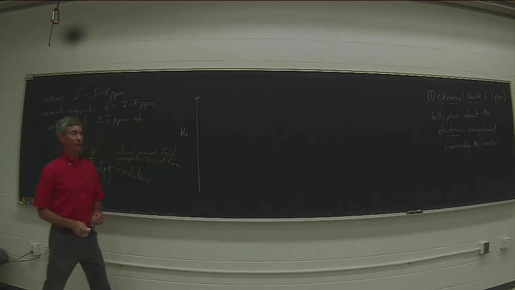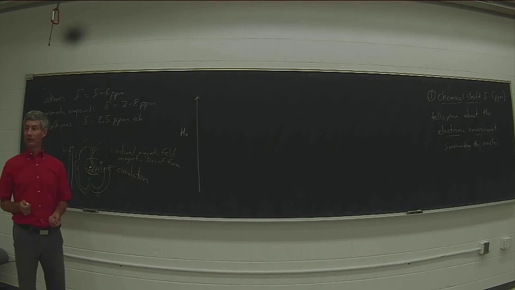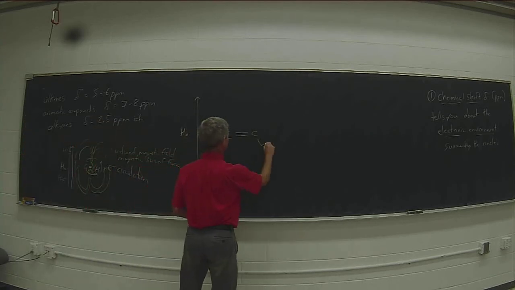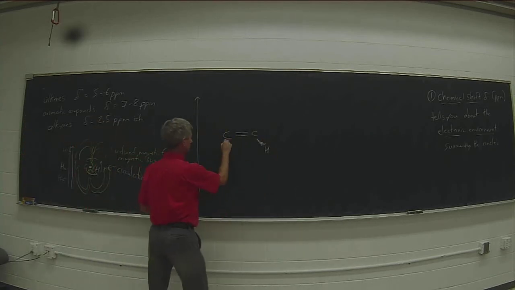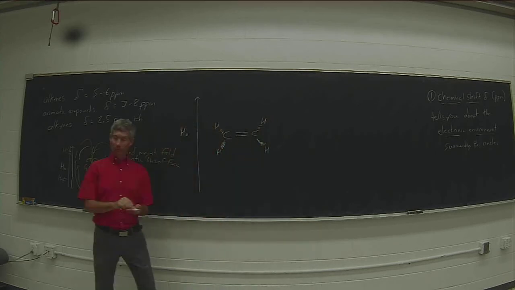And the key to understanding the effect of the pi bonds is to understand the way the molecule orients itself relative to the applied field. An alkene, and the same is true for aromatic compounds, will arrange itself perpendicular.